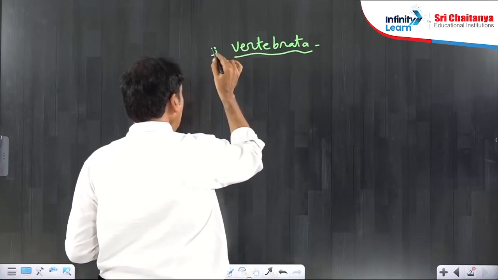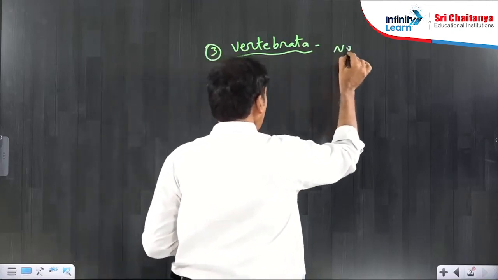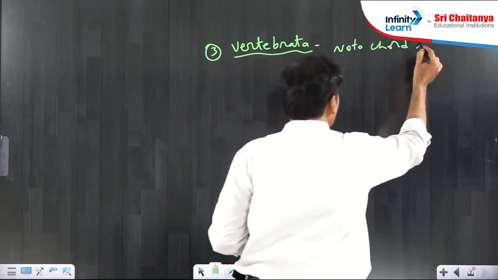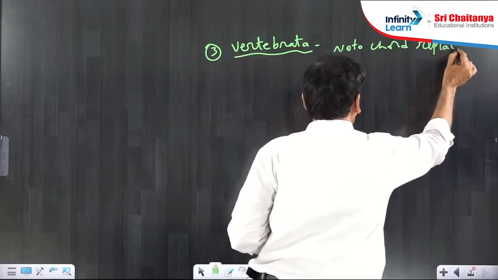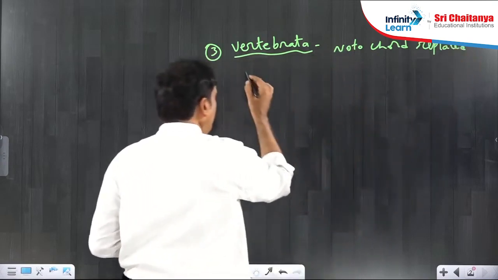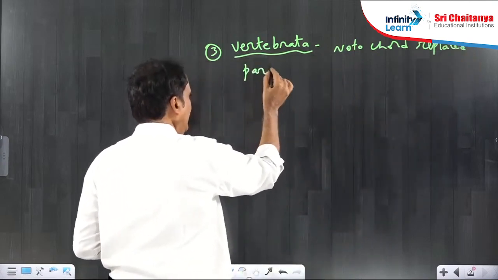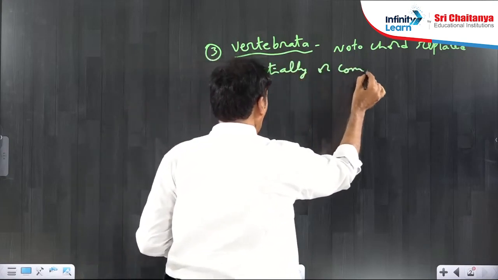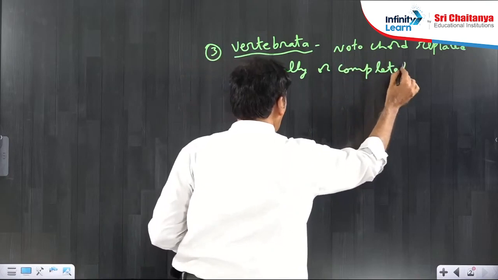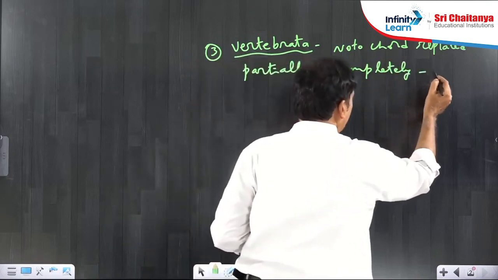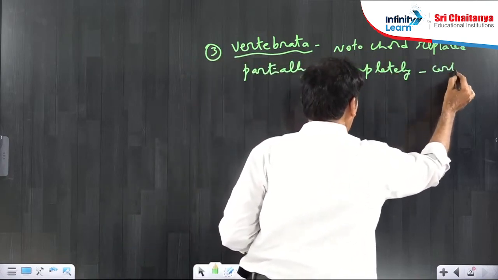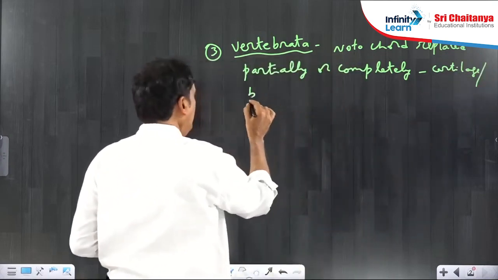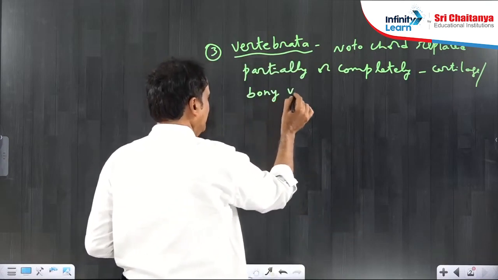Vertebrata is the subphylum where the notochord is replaced partially or completely, with the help of either cartilage or a bony vertebral column.